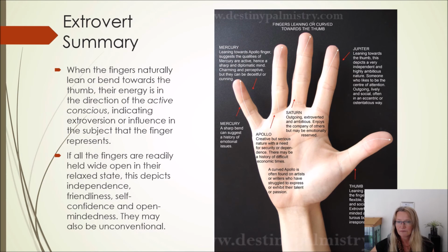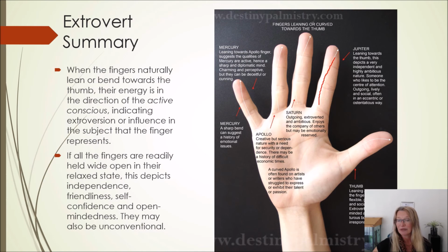So up here, again, Saturn leaning towards the thumb shows outgoing, extroverted, and ambitious. They might enjoy the company of other people, but they might be emotionally reserved. And the Jupiter finger leaning towards the thumb specifically depicts a very independent and highly ambitious nature.